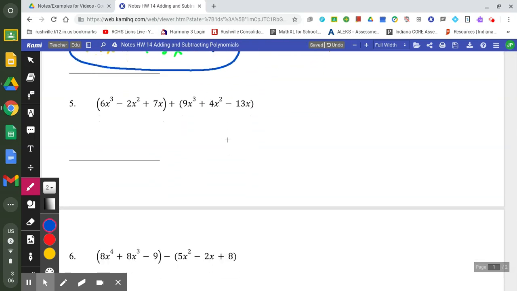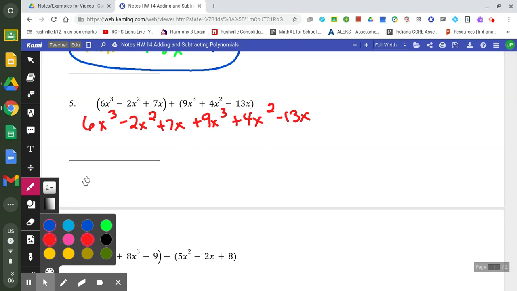And number 5, there's a plus sign here, so I just rewrite everything. 6x cubed. Okay, so I put like terms together.